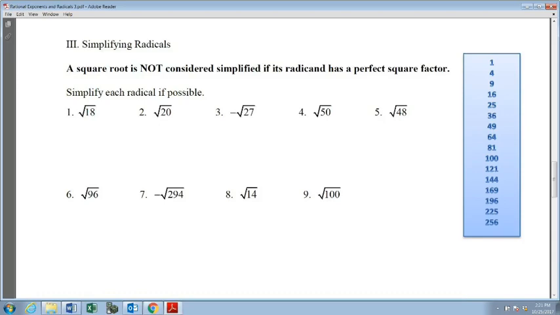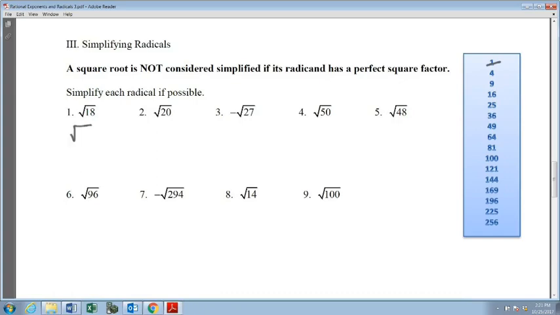So if we look at the first problem here, 18. Now, as we look at the perfect square factors, we don't consider 1. That won't help us to do any kind of simplifying. But we want to look at these other perfect squares to see if any of those are divisors of 18. Well, of course 9 would be. And so first of all, this radical is not simplified.